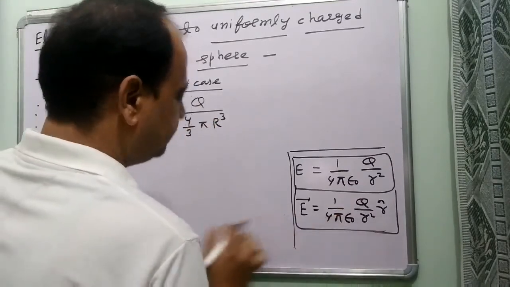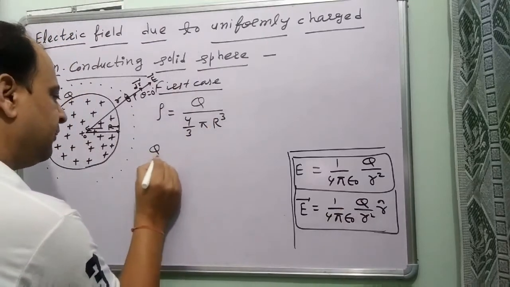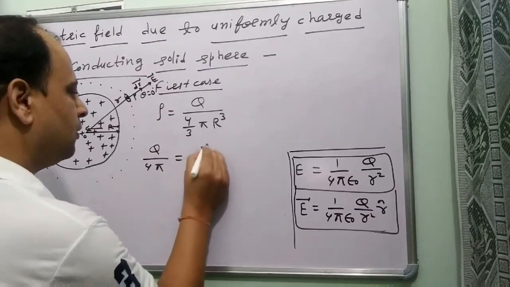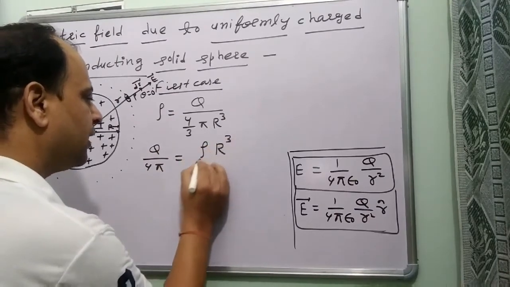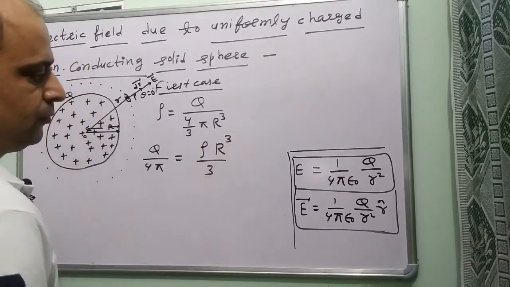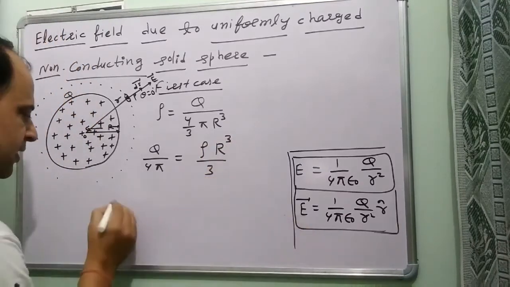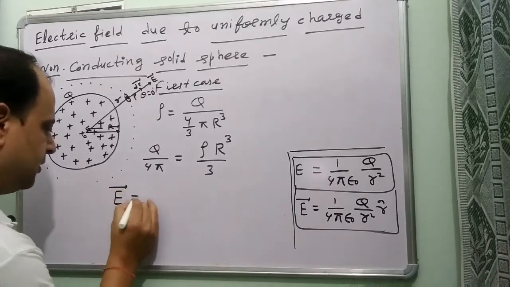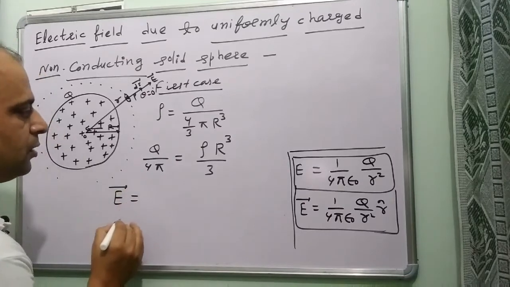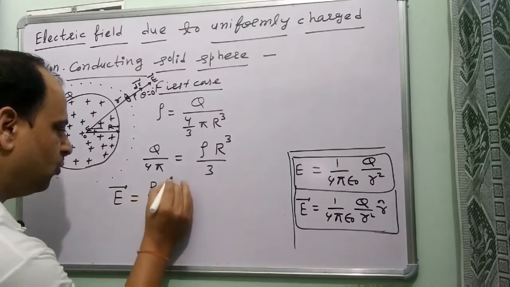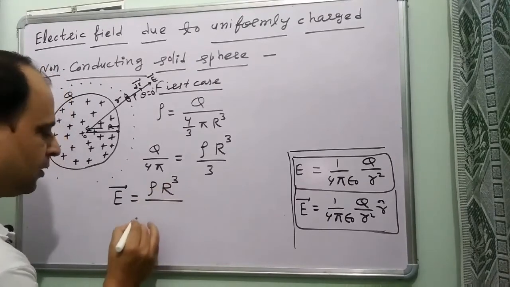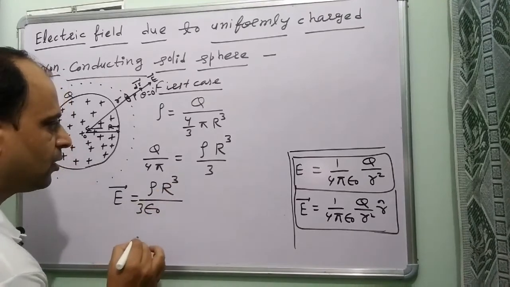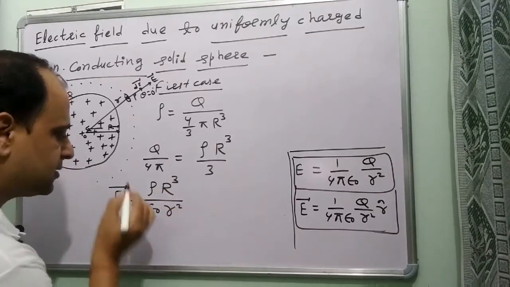So we take the value q upon 4 pi equal to rho R cube upon 3. Now the electric field is equal to rho R cube upon 3 epsilon naught r square.